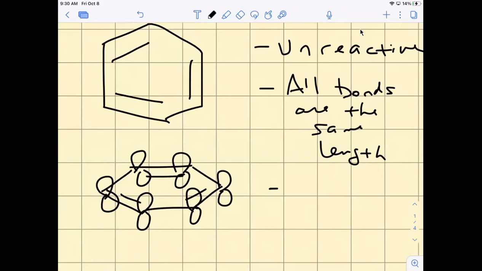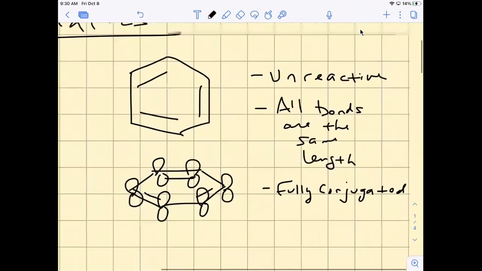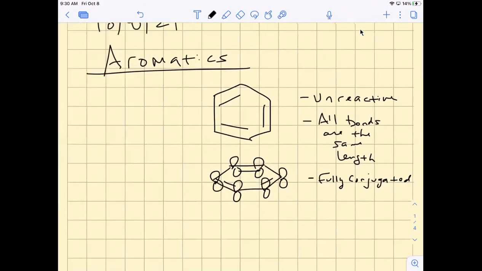It is conjugated, but as an extension of that definition, remember we said something is fully conjugated if it has a p orbital on every carbon. So this compound is fully conjugated, right?